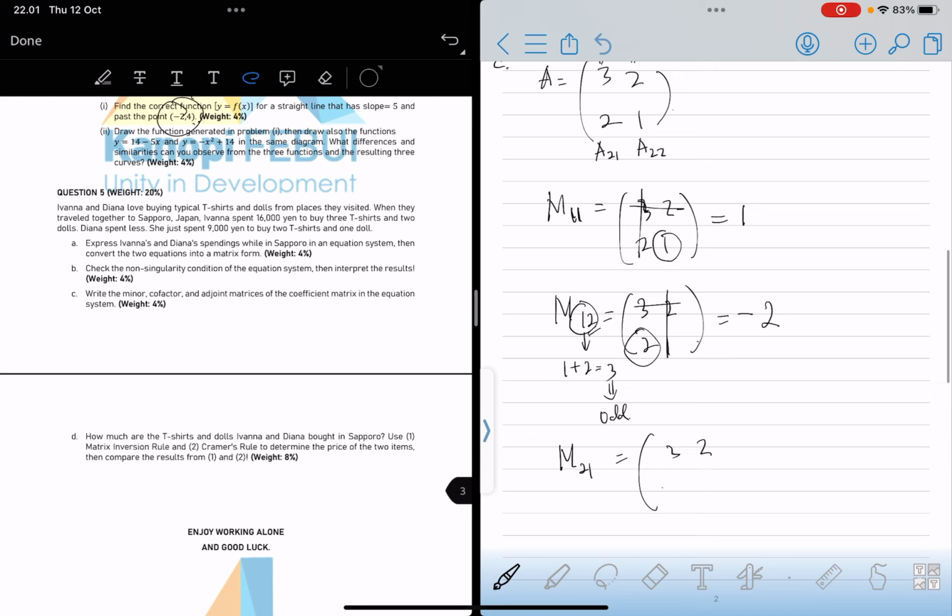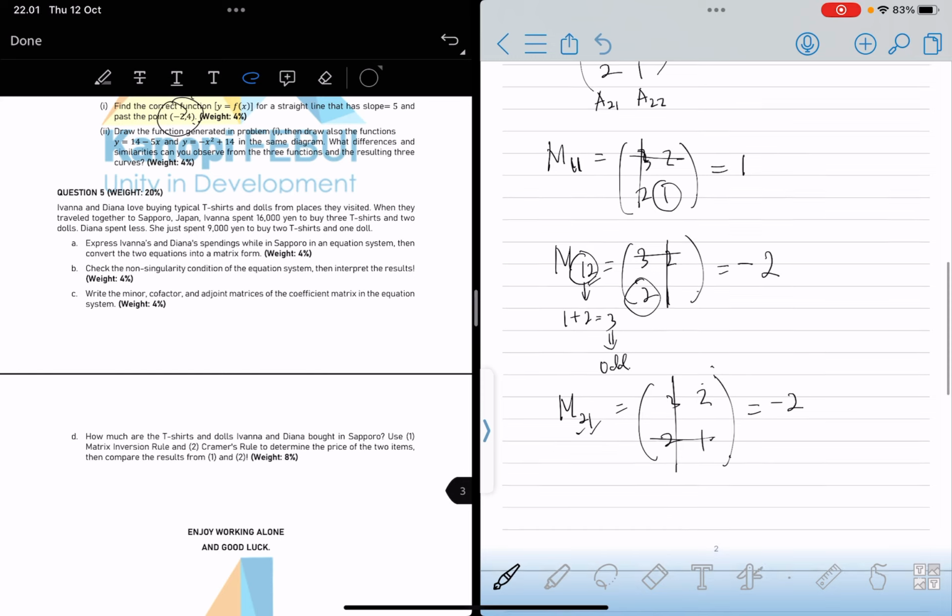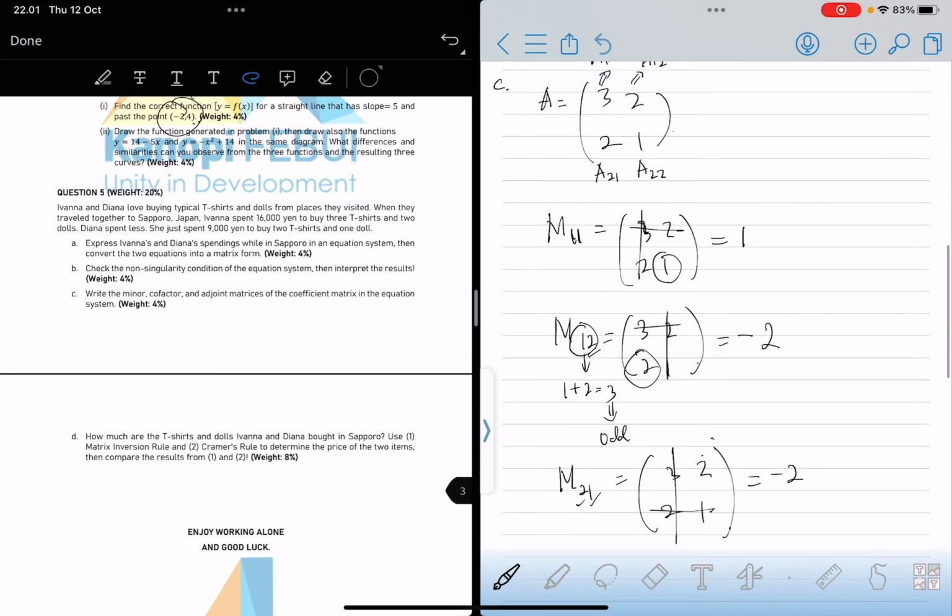M21, so we have to eliminate the second row and first column, so the remaining is 2. And we know that 2 plus 1 is 3, so it's the odd number, so we have to add minus before the minor.